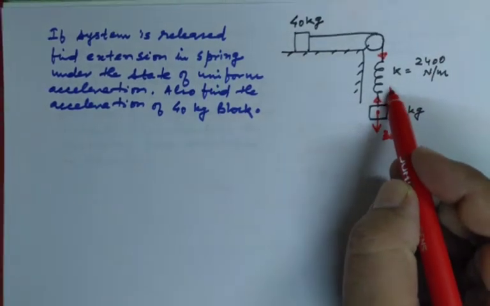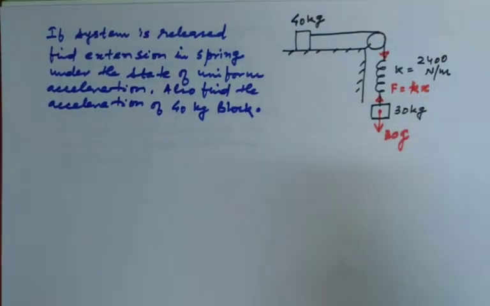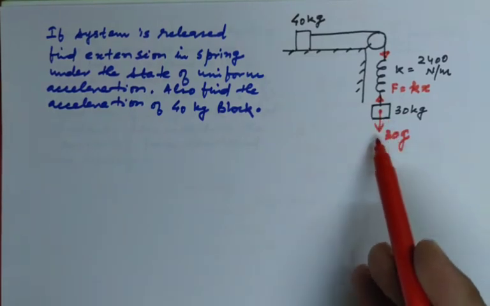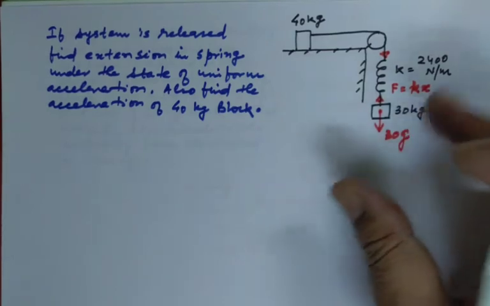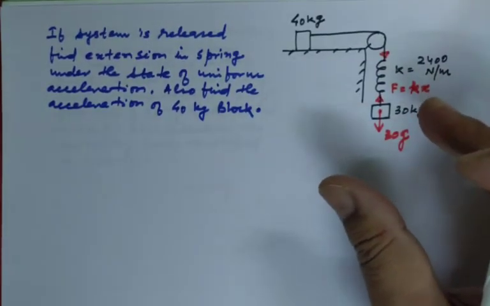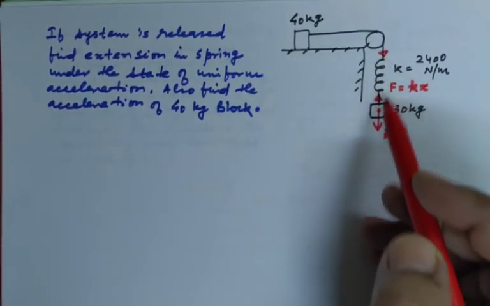Say the restoring force F developed in the spring is Kx. We need to understand this. This block is going downwards, so the spring will elongate. When the spring elongates, the restoring force will try to compress it. So the restoring force will act like this, as shown in the diagram.